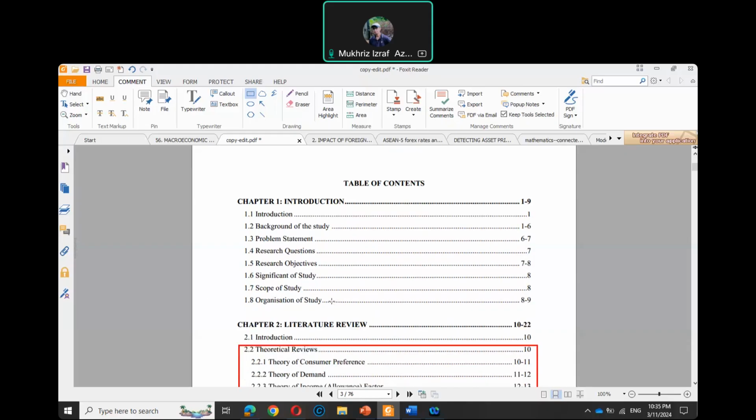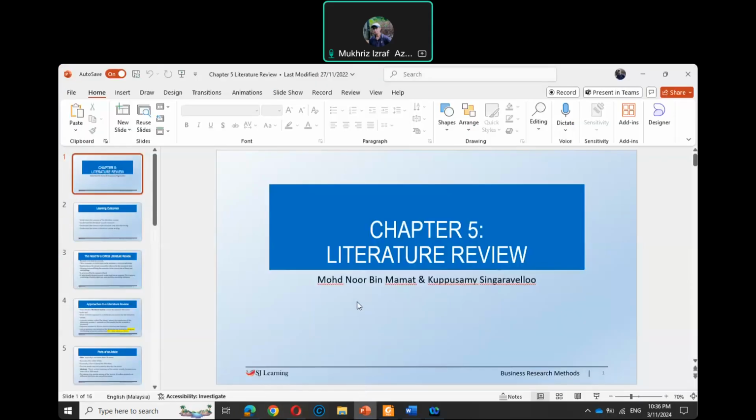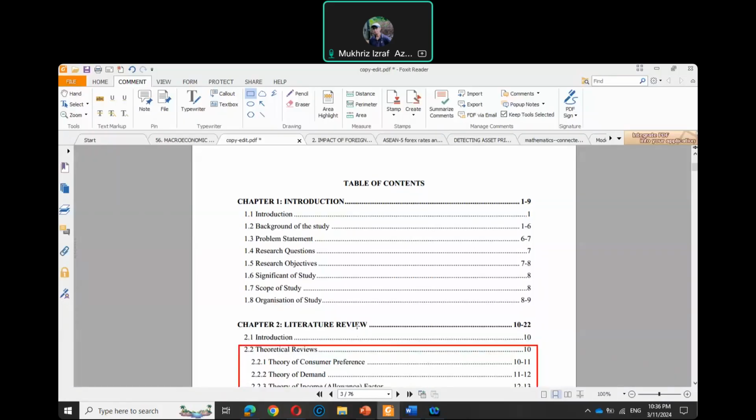So it's time that we move on to the next chapter in your thesis, which is the literature review. In our main book, there is one PowerPoint slide set that focuses on the literature review. So what is a literature review, and why is it compulsory in your 5 chapter thesis?